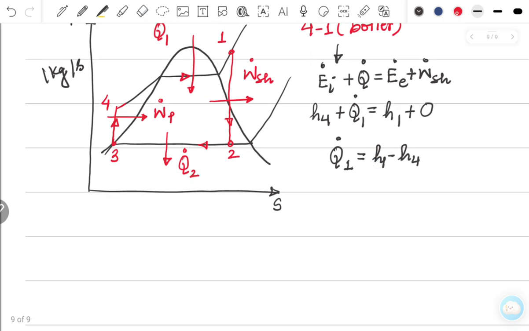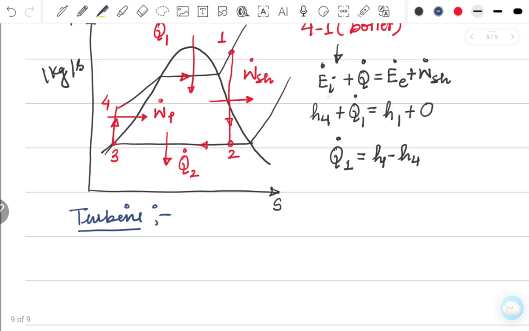Now comes the turbine. Inside the turbine, what happens? The steam loses pressure and we get shaft work.